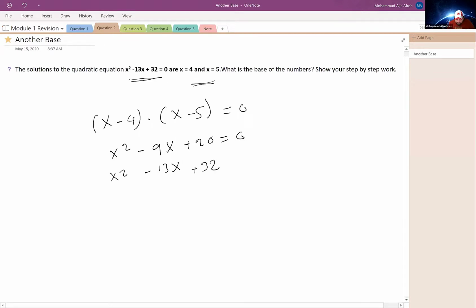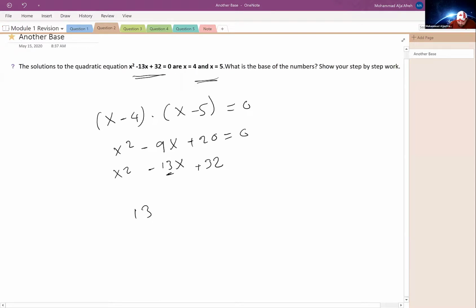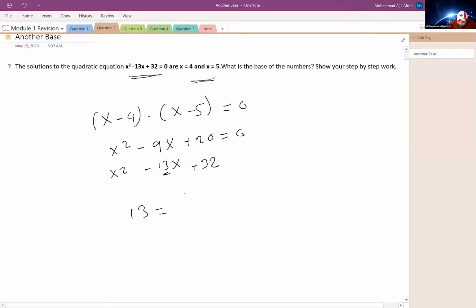So in other words, the coefficient 13 here is supposed to equal, in x squared minus 13x plus 32, so the 13 should be equal to 9, which is equal to the base plus 3.